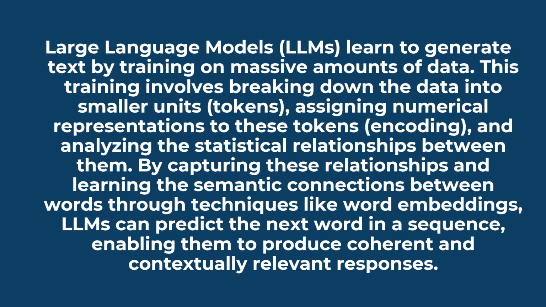This training involves breaking down the data into smaller units, tokens, assigning numerical representations to these tokens, encoding and analyzing the statistical relationships between them. By capturing these relationships and learning the semantic connections between words through techniques like word embeddings, LLMs can predict the next word in a sentence, enabling them to produce coherent and contextually relevant responses.